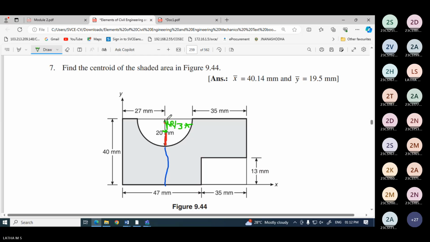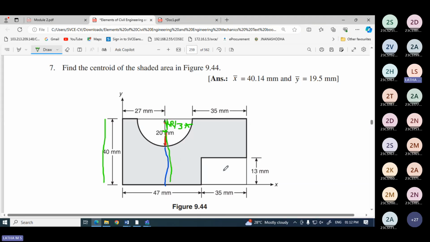I know 40 here totally. 40 minus 4r by 3 pi will give me this distance. So 40 minus 4r by 3 pi is y2.